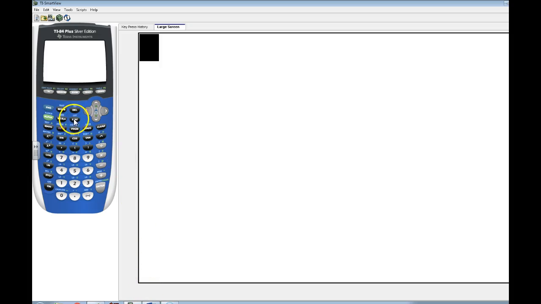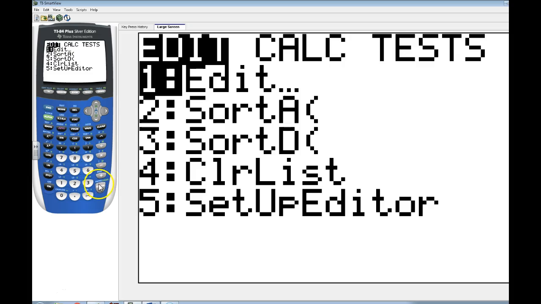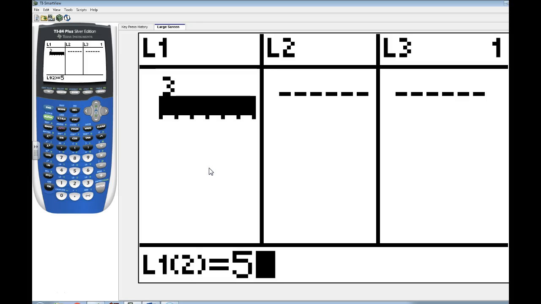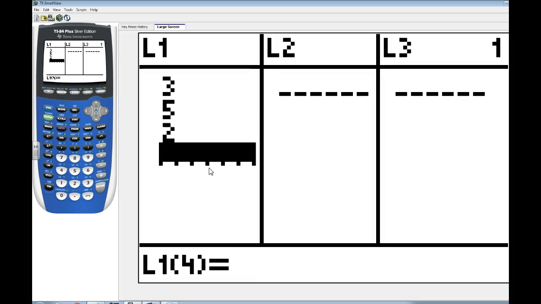We go to Stat, this button right here, almost in the middle. Then hit Enter for Edit. And we will see list 1 through list 6. So I want to put my x values in list 1. So let's put them in there. 3, Enter. 5, Enter. 2, Enter. 8.